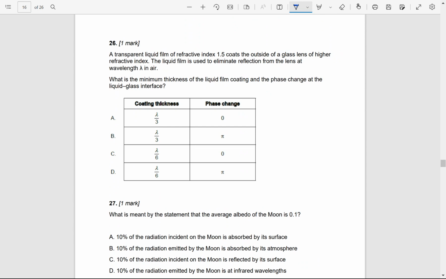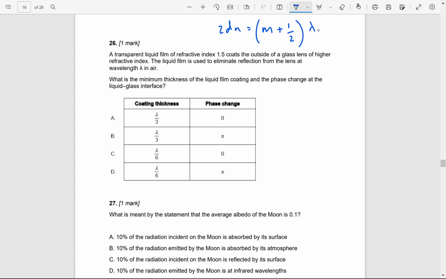Question 26 is thin film interference. For thin film interference, it depends on what's going on. If we are eliminating reflection, then the formula you want is in the formula booklet, you just need to know which one to use when.